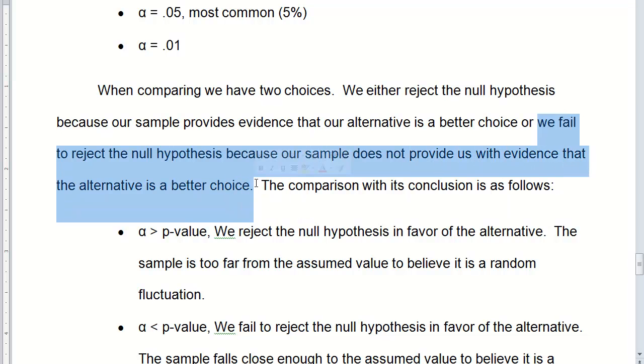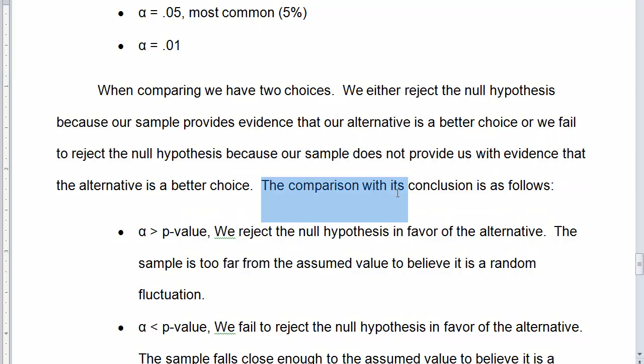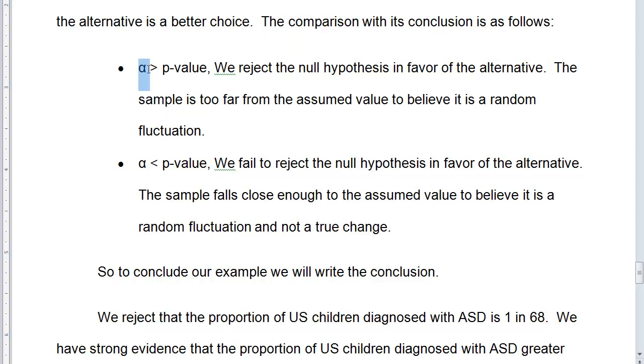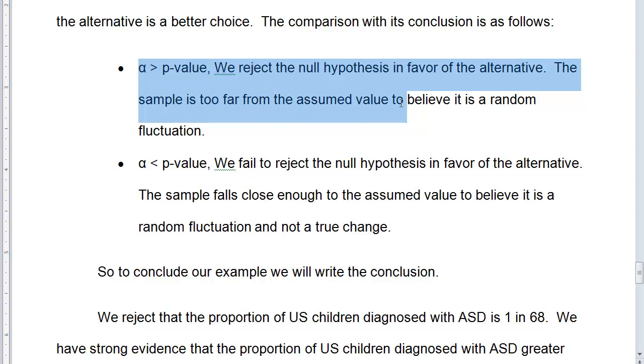Okay? And so the comparison with its conclusion is as follows. If alpha is greater than the p-value, this means we should reject the null hypothesis in favor of the alternative. The sample is simply too far from the assumed value to believe it is a random fluctuation.